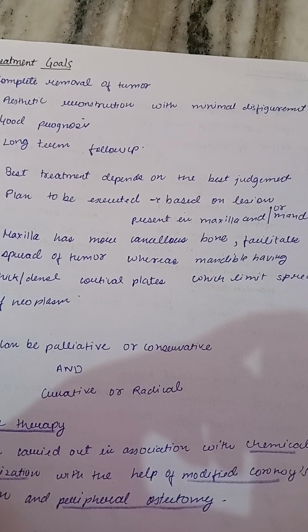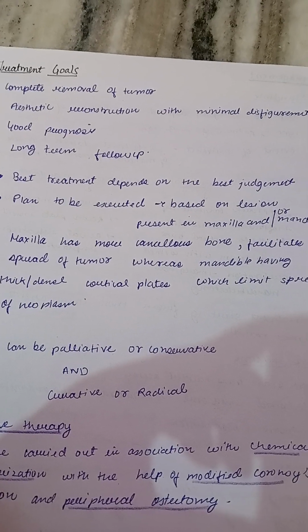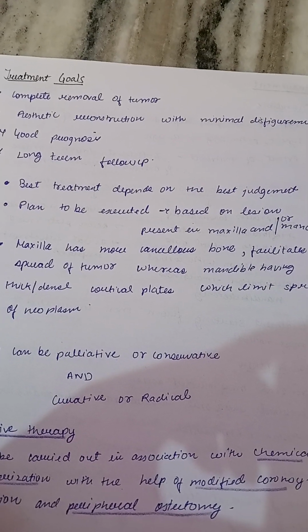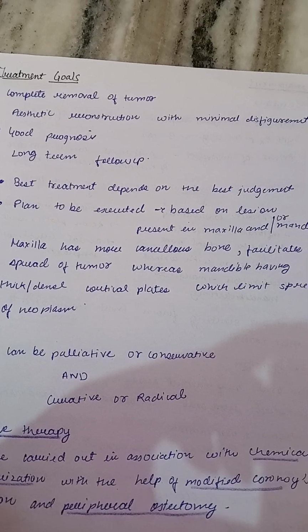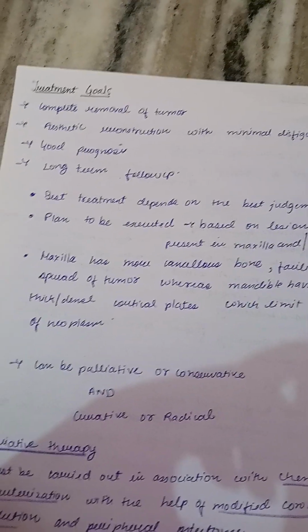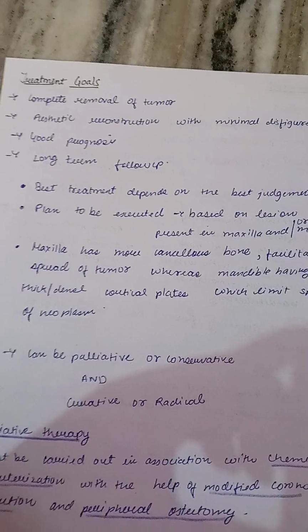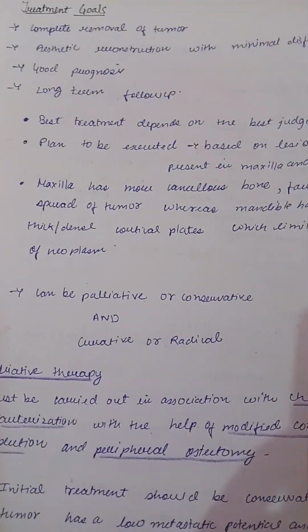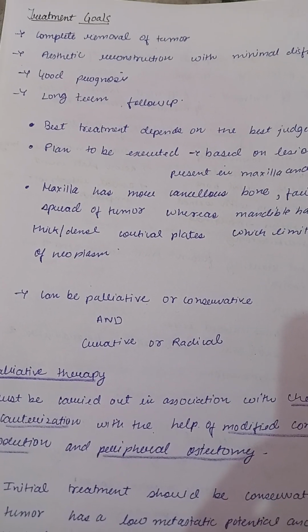Maxilla has more cancellous bone, which facilitates spread of tumor, whereas mandible has thick dense cortical plates which limit the spread of neoplasm. Okay, treatment can be palliative or conservative, and it can be curative or radical.